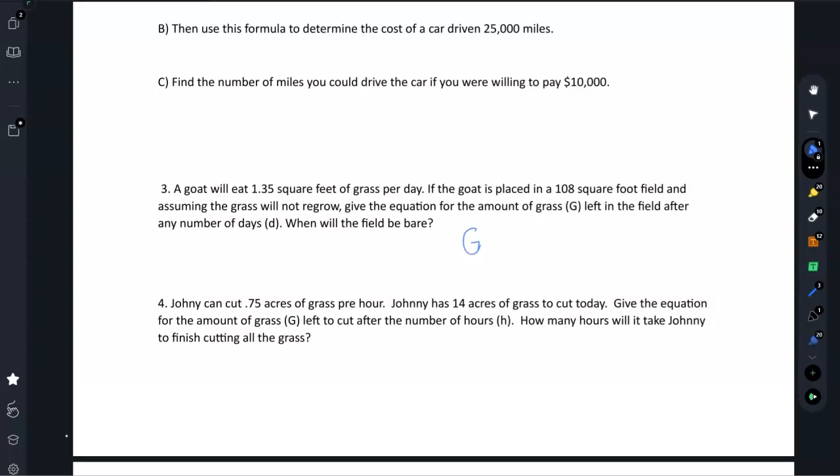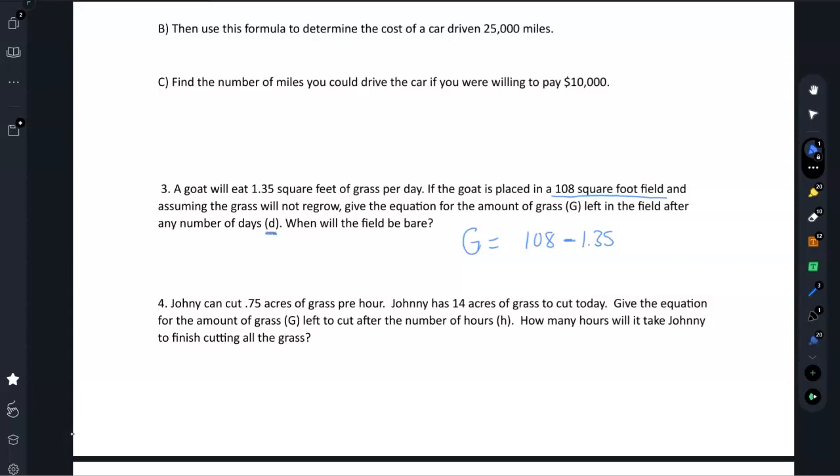So the G is where I'm starting with my function. And we have a 108 square foot field. So that's our initial amount. And then if the goat's eating the grass, I'm subtracting the amount that he eats. So I'm going to subtract 1.35. And that's how much grass he eats per day.